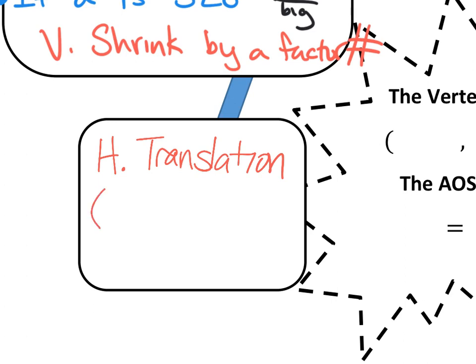If in that parentheses you see a minus H, whatever H is, since it's inside it's opposite, which direction is this going to move? To the right or to the left? To the right.